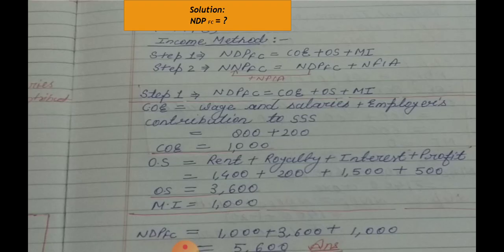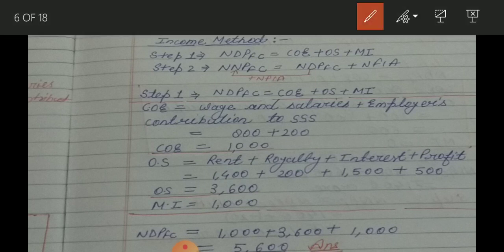In the question you are told to find NDPFC, net domestic product at factor cost, that is known as domestic income. Remember it, NDPFC means domestic income. Whenever we use the income method, the equation is COE plus OS plus MI. When we add these three components, then we get NDPFC.